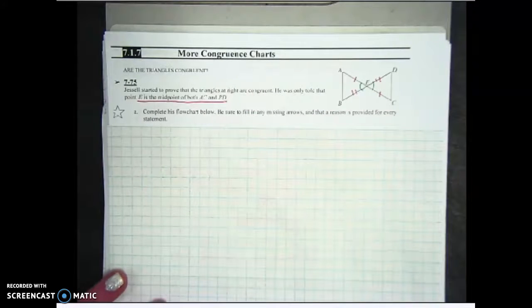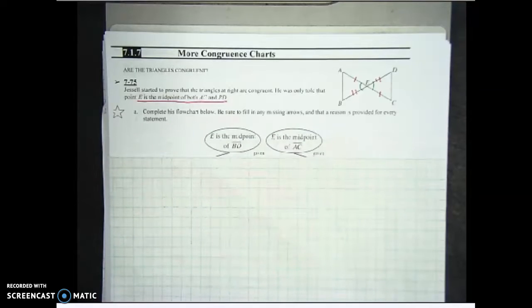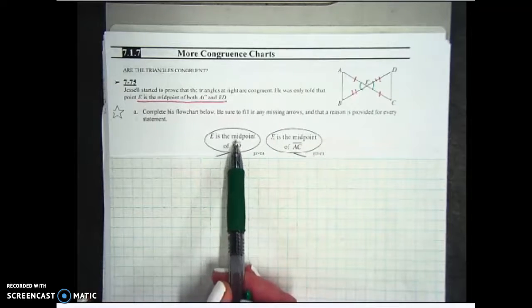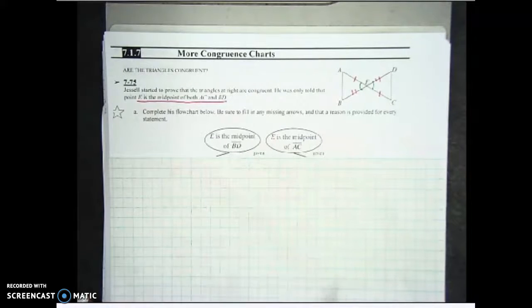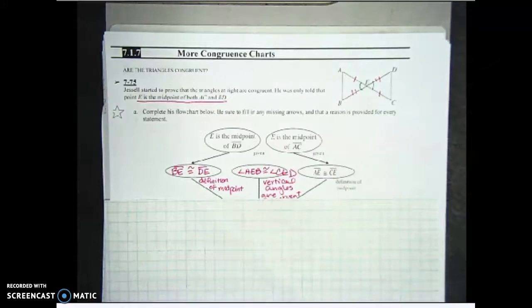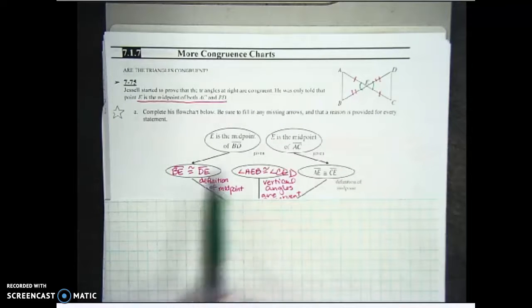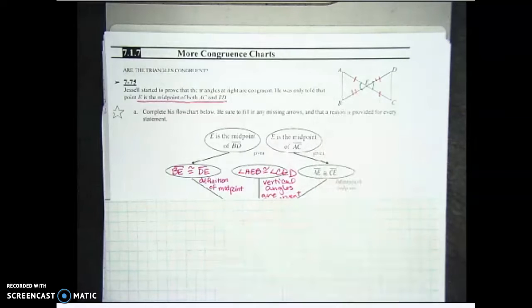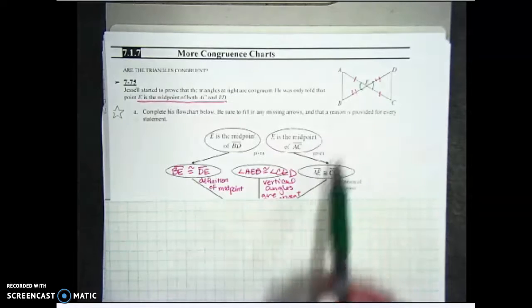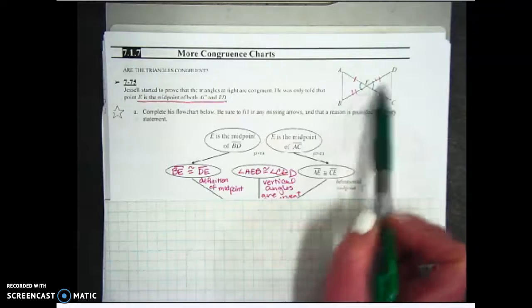All right, so part A says to complete the flow chart below, be sure to fill in any missing arrows and fill in the reason provided for every statement. Okay, so the first thing we did is we took the statement that they gave us about the midpoints, and then we're going to translate that into BE is congruent to DE, where I put the double tick marks, this one and this one.